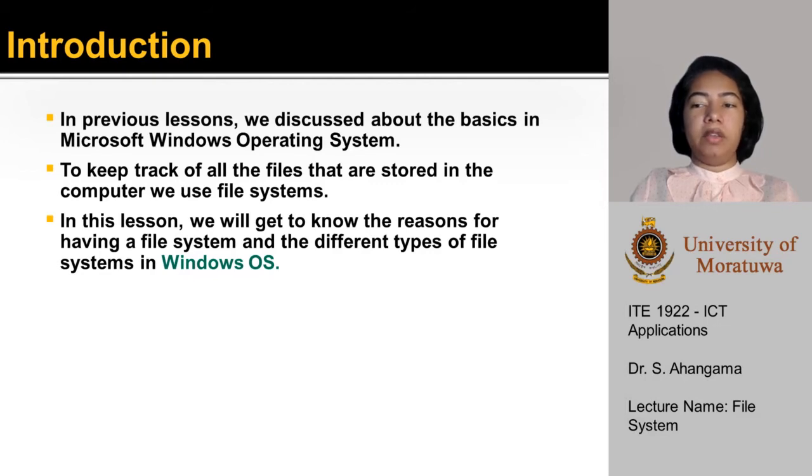File systems are used to keep track of all the files stored on a computer. So what is a file system? Let's try to find the meaning of a file in a computer before moving on to file systems.